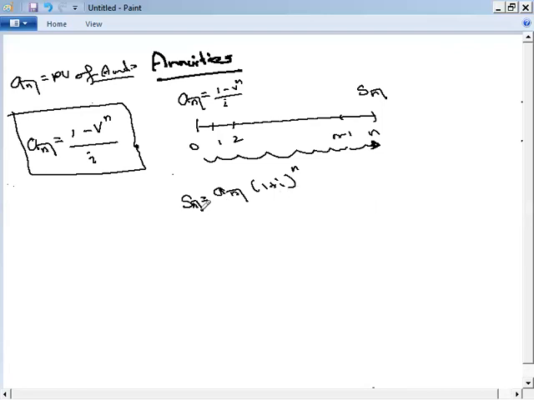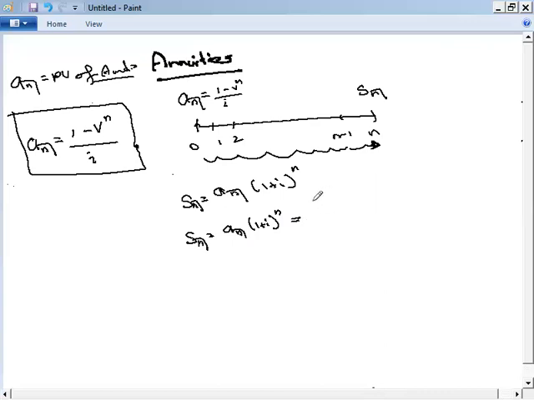Since the present value is here, we take this present value up to this point by accumulating, using the growth factor. This is kind of a compound interest thing. So with the compounding factor, we can take this up to this point, and this is the formula. Simplified, S_n equals a_n times (1 plus i) to the power n.